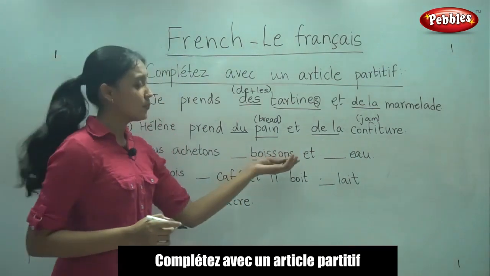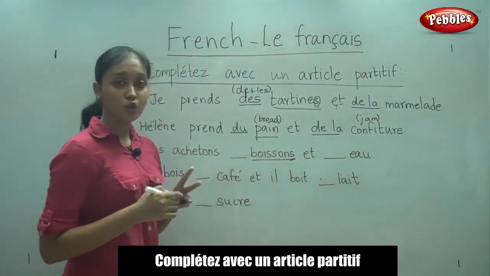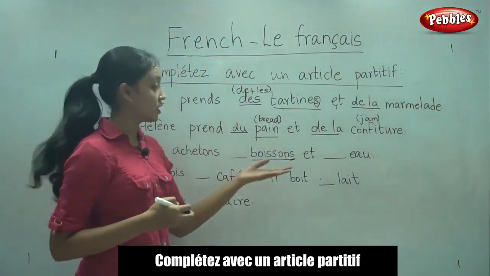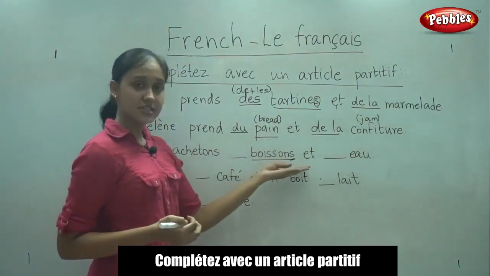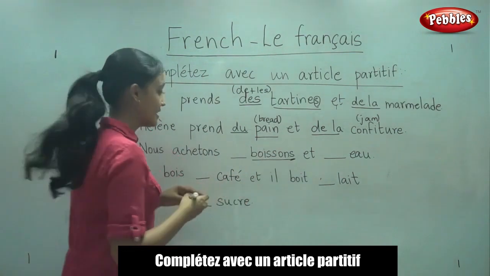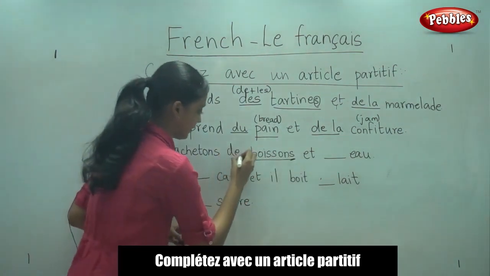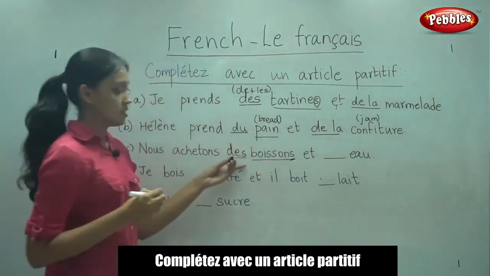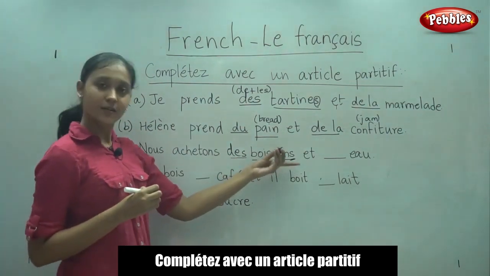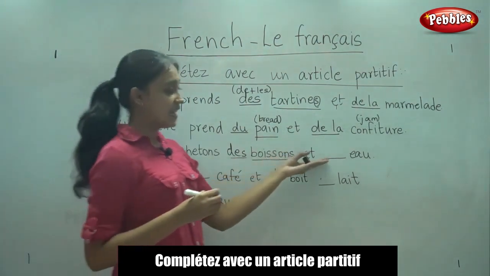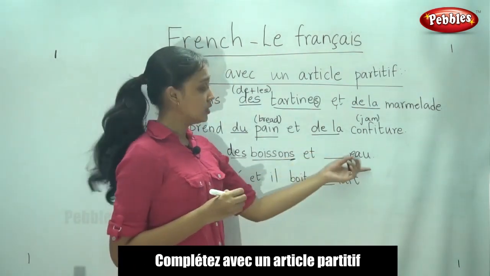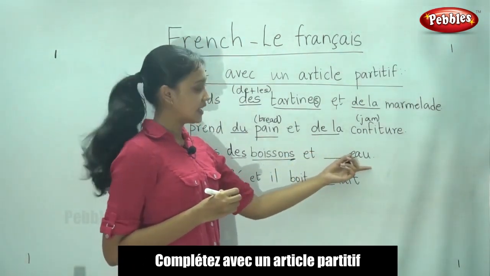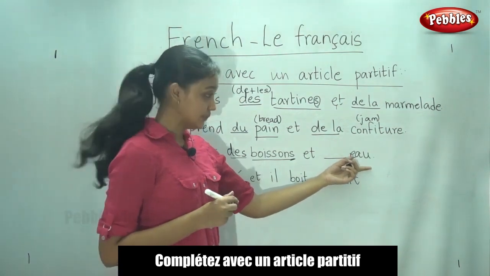So, when it is in the plural form, you don't have to know whether it is the masculine or feminine form, because any plural noun takes des. So it is very easy when it is in the plural form. And the next word, dash eau. Now this one, I think I gave you an example of this already.